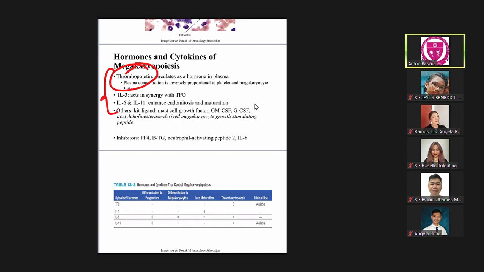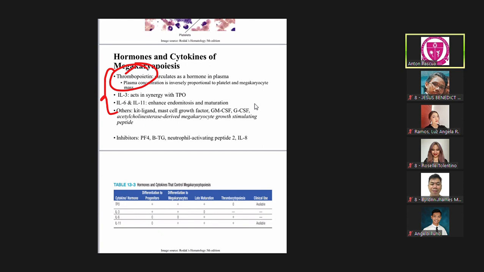And at times, if a patient has thrombocytopenia o mababa yung platelet count ng pasyente, let's say, you can give thrombopoietin synthetics. Meron tayo nun sa market, ha? Meron tayong mga parang analog ng mga thrombopoietin. So it's given among those patients who experience thrombocytopenia. So binibigay yon hoping that it will increase their platelet count.